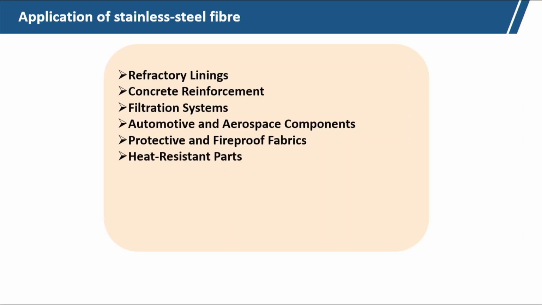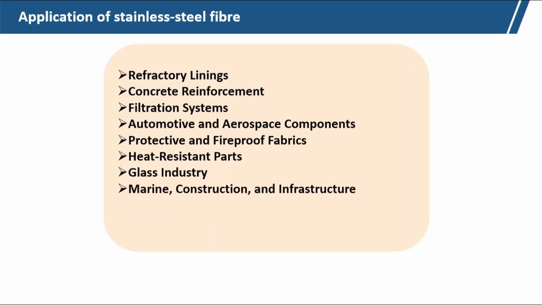Heat resistant parts: we can use this stainless steel fiber in areas where high heat resistance is required. And glass industries, where high temperature applications are there, we can use stainless steel fiber components.